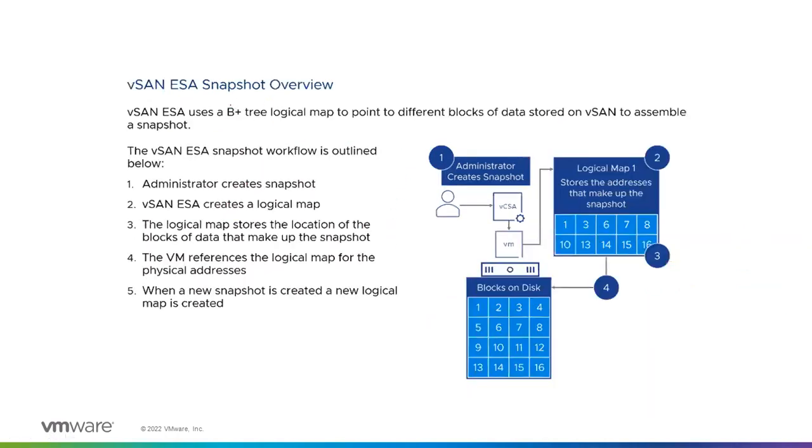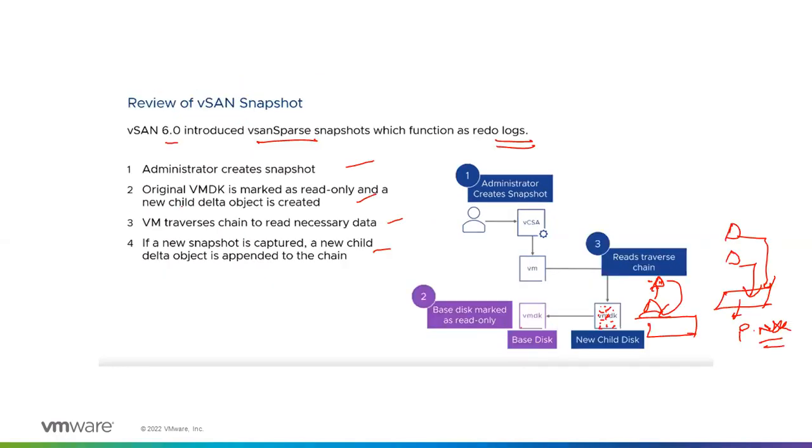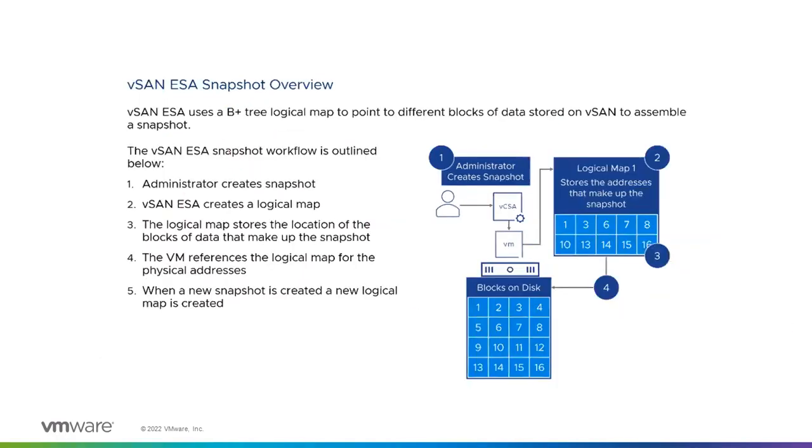So here they have done it a little bit differently compared to the traditional approach we use in vSAN. What enhancement have they made? It uses a B-plus tree logical map to point to different blocks of data storage in vSAN to assemble a snapshot. So how will it actually work?